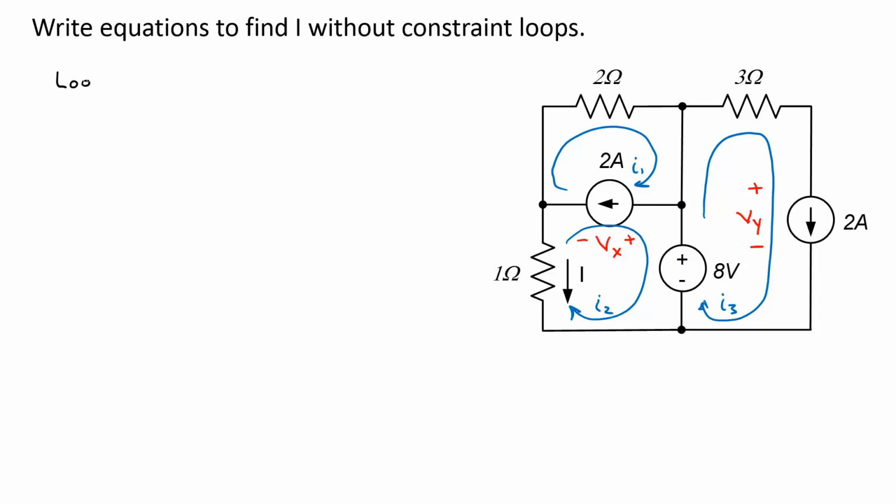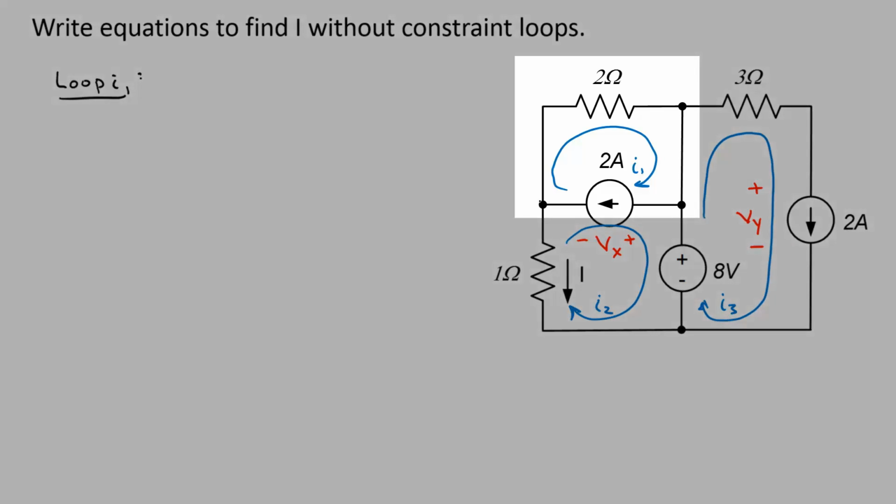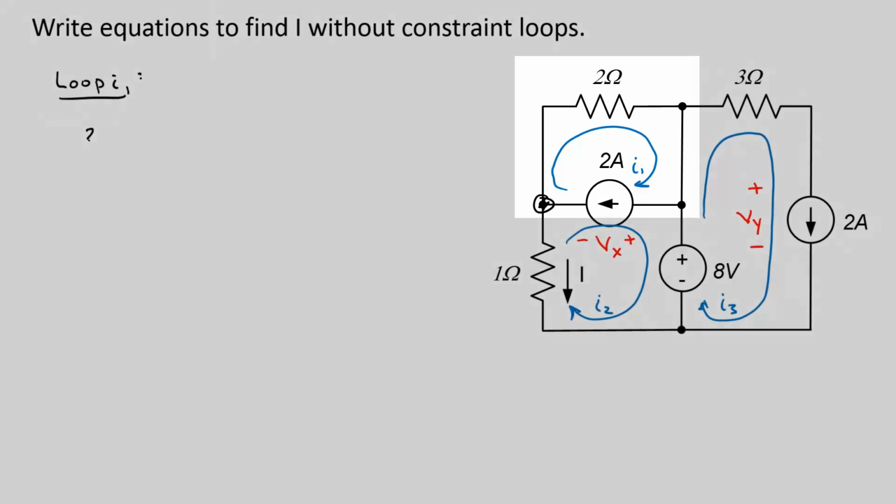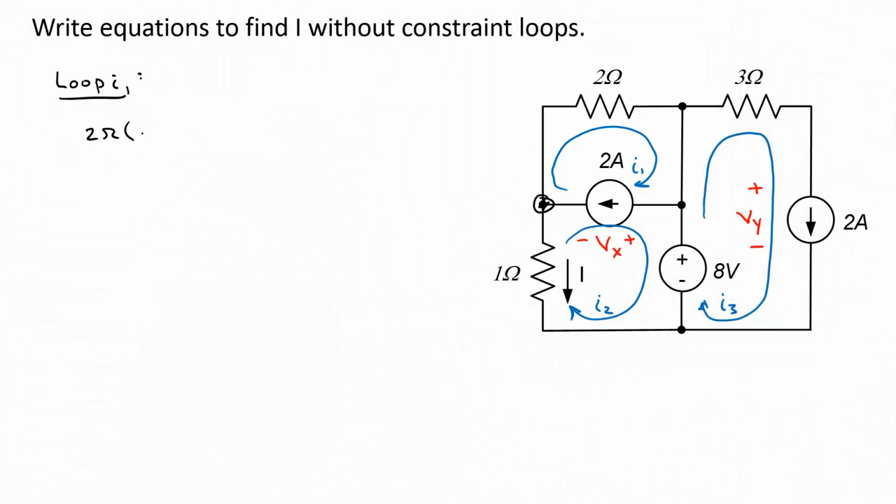If I follow loop I1, if I start down here and follow that direction, I have a voltage across the 2 ohm resistor that's 2 ohms times I1. And then I encounter the positive terminal on V sub x, so I add V sub x. That brings me back to my starting point, so that sums to 0.